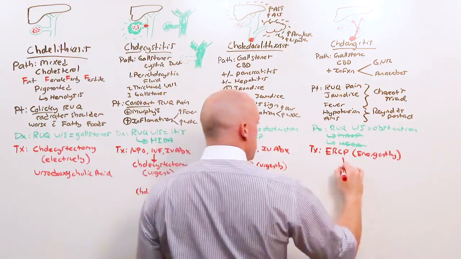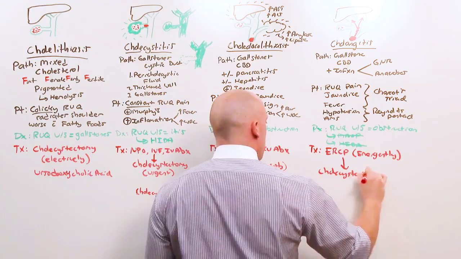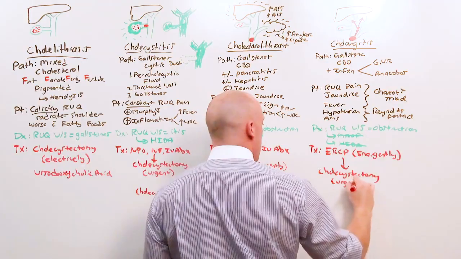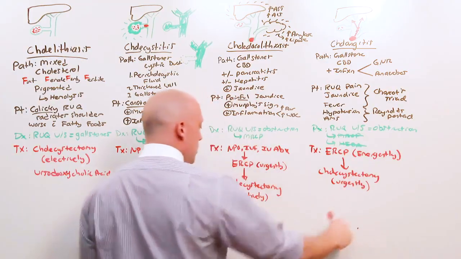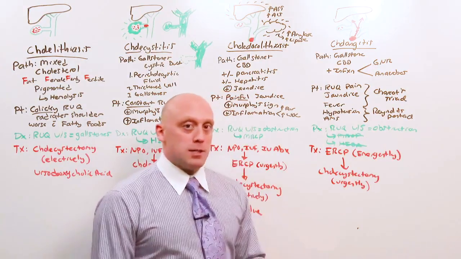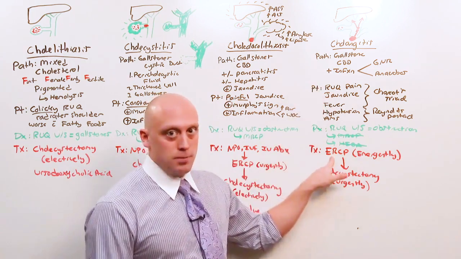Only then can you then go do cholecystectomy. And because of the severity of this illness, this is usually done urgently, but sometimes is done electively, just like choledocholithiasis. The point is, if you spot somebody with cholangitis, you want to jump to the ERCP.